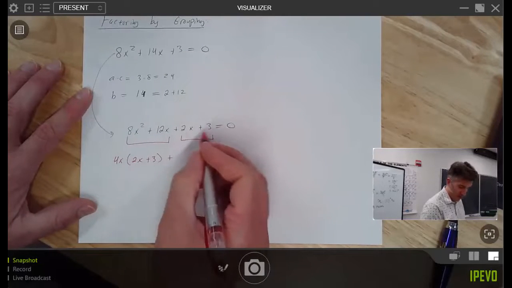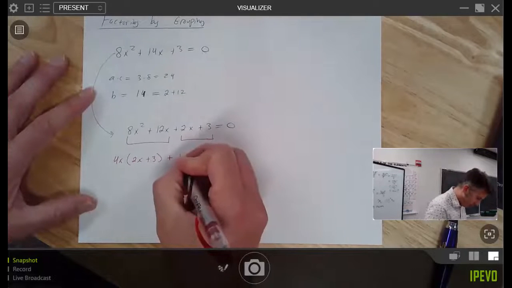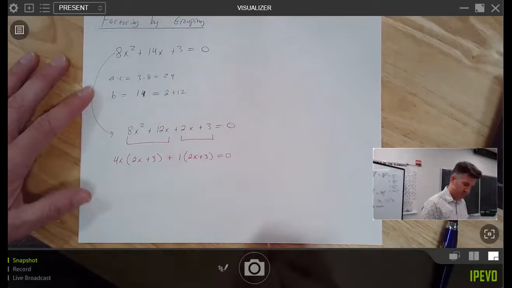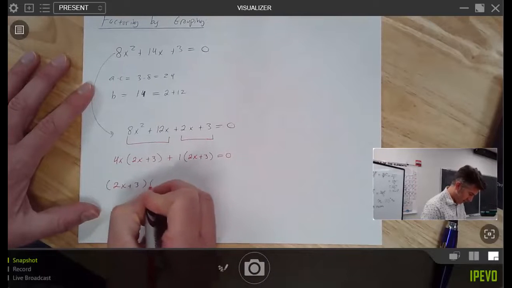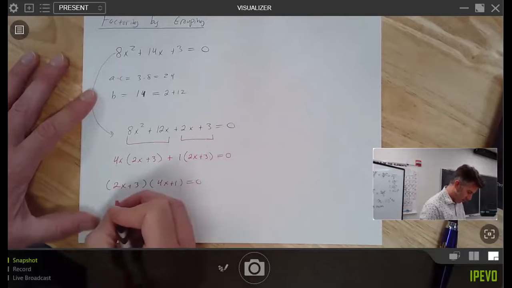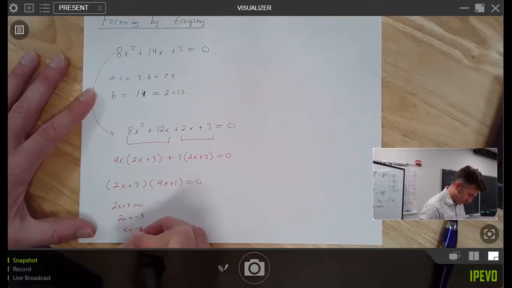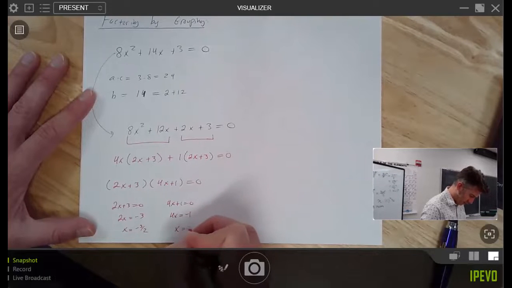And here I already have what I want, so I'm factoring out a 1. So it's 1 times 2x plus 3. And then from each of those, I can factor out a 2x plus 3. And I've got a 4x plus 1. So setting 2x plus 3 equal to 0 leads me to x equal to -3/2. And setting 4x plus 1 equal to 0 leads me to x equal to -1/4.